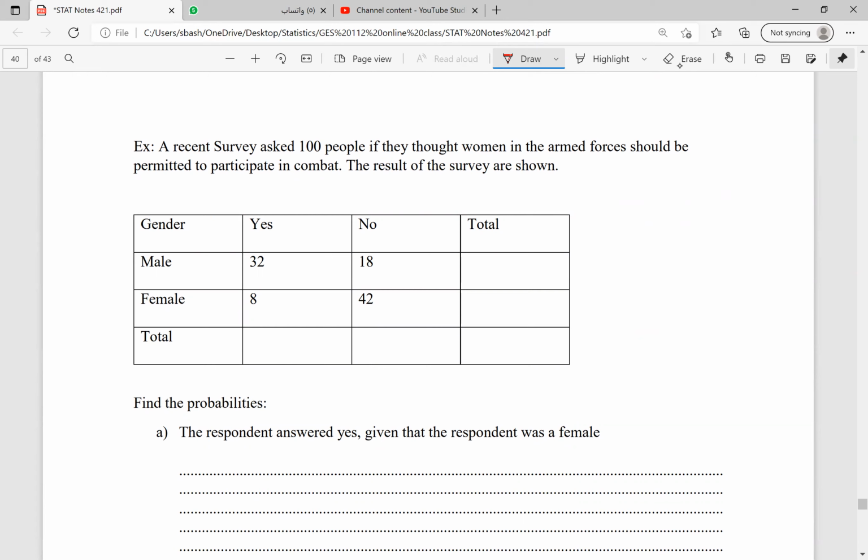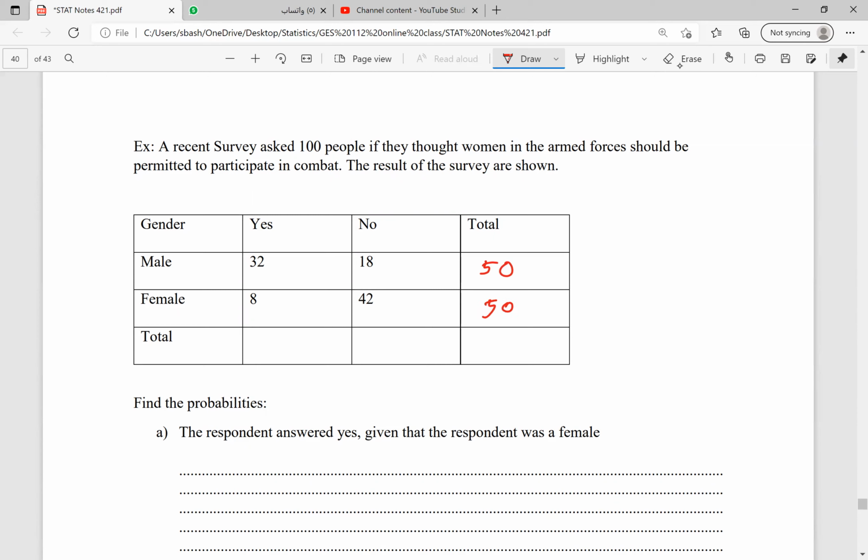The results of the survey are given in this table. 32 males said yes, and 18 said no. For the females, 8 said yes, and 42 said no. So the total of the males is 50, just add these two, 32 plus 18 equals 50, and also we have 50 females.